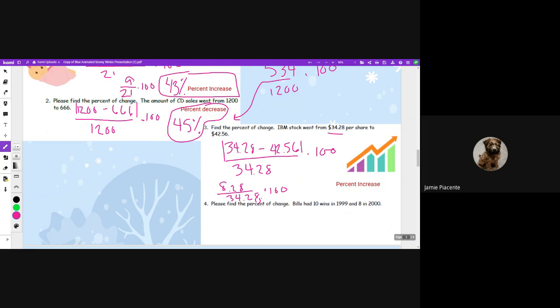So 8.28 divided, remember this line right here means to divide. So divided by 34.28 times 100. Okay, I got 24.15. Let me just check one more time. 8.28, 34.28. Yep, 24.15. That 1 is going to leave it as a 24%.